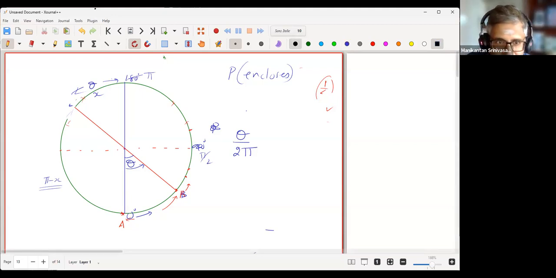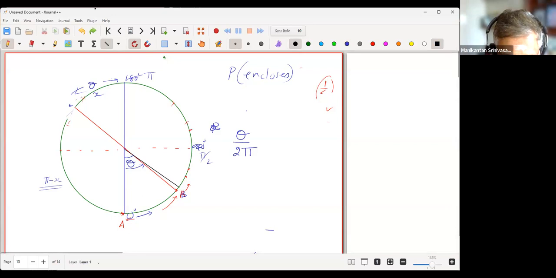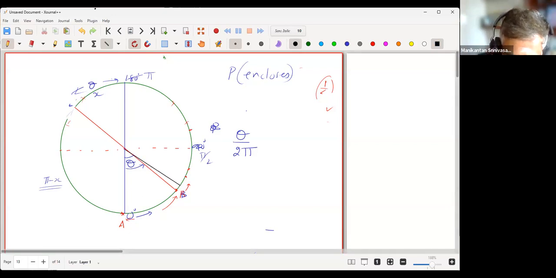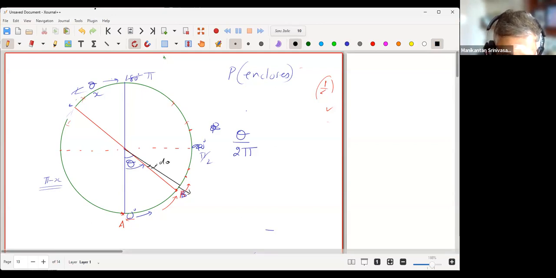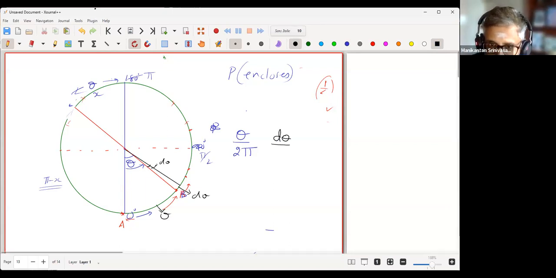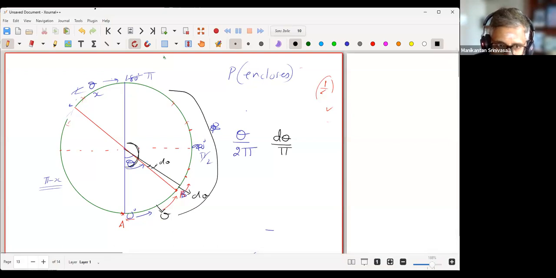But as we saw yesterday, we should ask, what is the probability that it falls between theta and theta plus d theta? So this is d theta, essentially the angle corresponding to the center. So this is theta. That probability, do you agree, is d theta upon pi, because this entire angle is pi, of which I'm seeking an angle which is d theta.